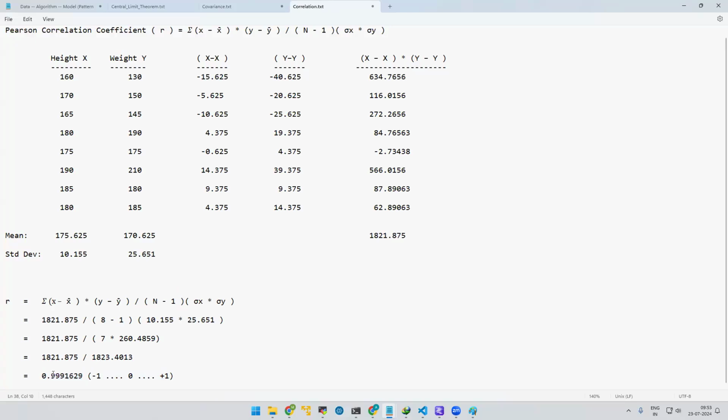So if height increases, definitely 99.91% weight increases. If we take some other values, let's take weight and fat, it may have a negative value. May have positive or may have negative, whatever. But in this case, it's clearly positive.